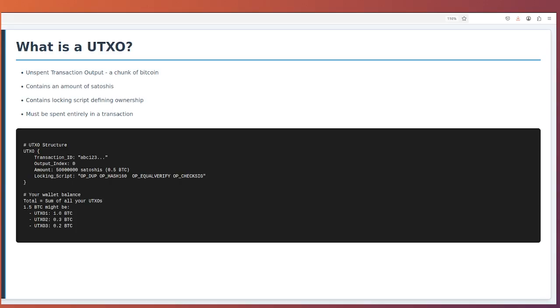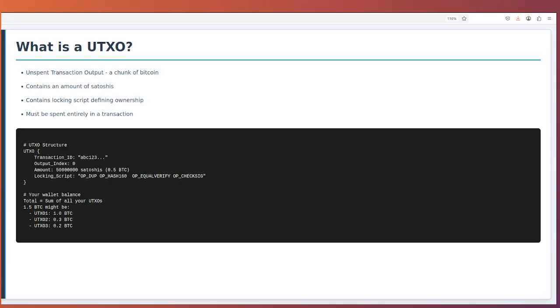So, a UTXO is essentially a chunk of Bitcoin that was created by a previous transaction and is sitting there waiting to be spent. Every UTXO has two key properties: an amount of Bitcoin it contains, and ownership information specifying who can spend it.